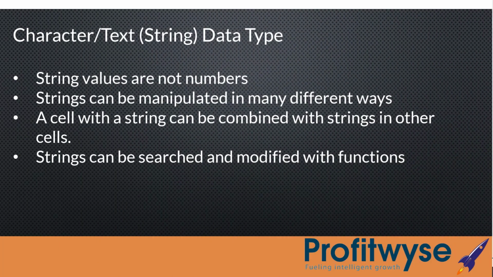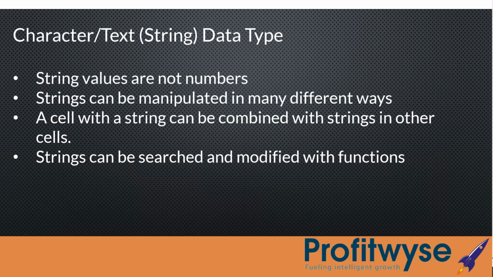So moving on, we have character, text, or string values. I'm going to just refer to these as string values moving forward, just for consistency, but strings are not really numbers. You can have, say, a column of strings. If you had a list of people's names in one column, each one of those would be a separate string. They can be manipulated in lots and lots of different ways.